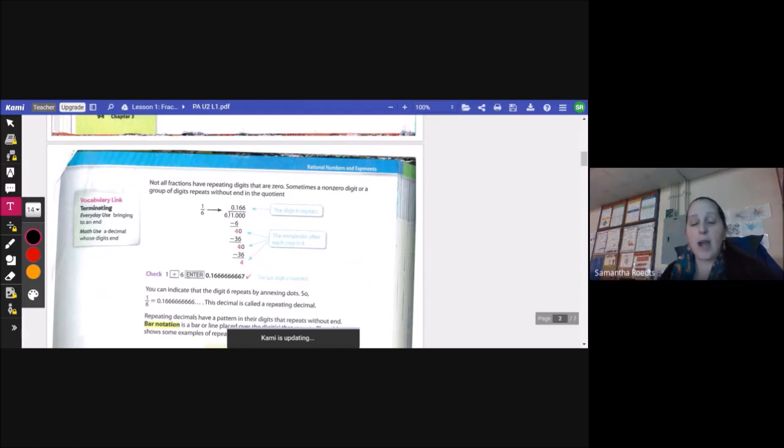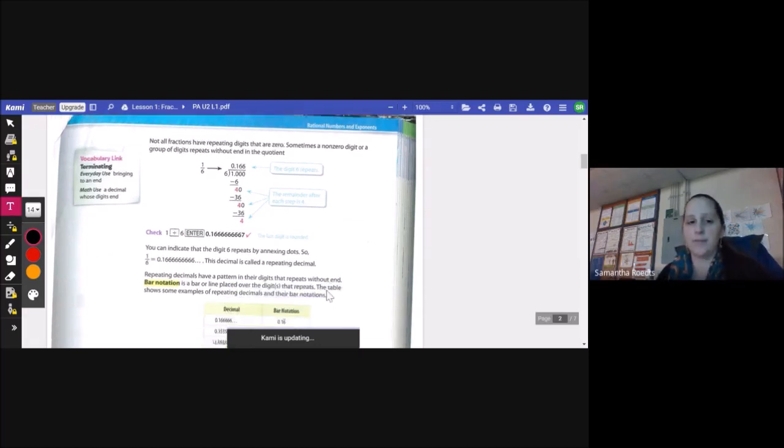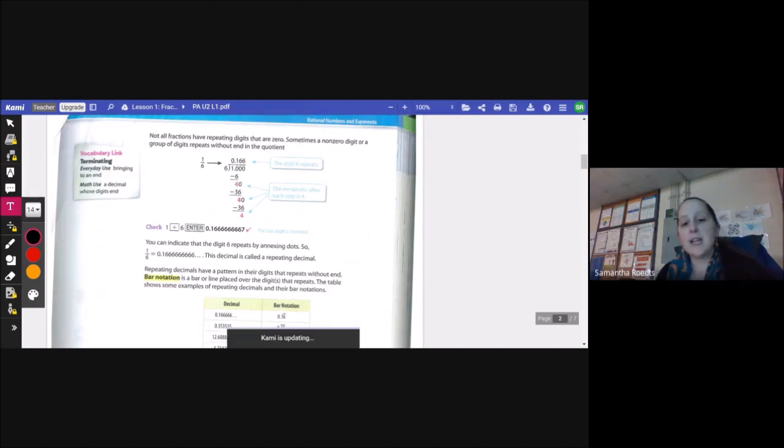Calculators automatically round the last digit that's shown, but it still is going to continue 6s forever. You can indicate that the digit 6 repeats by adding dots, so 0.1666666 repeating.